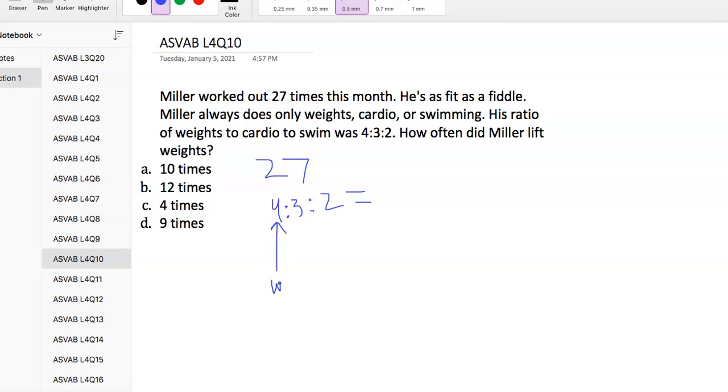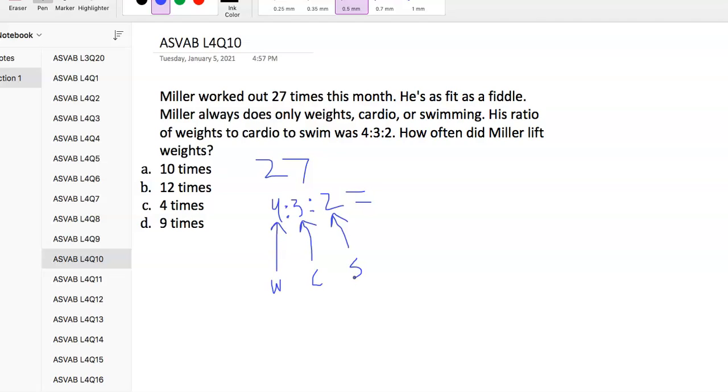We'll just call that W. So that 4 represents the amount of times that he does weights. The 3 is cardio. 2 is swimming. Okay, so that's the ratio that he does that stuff.